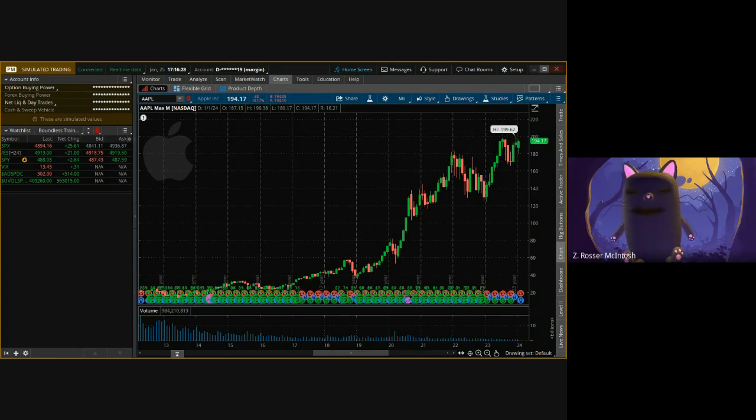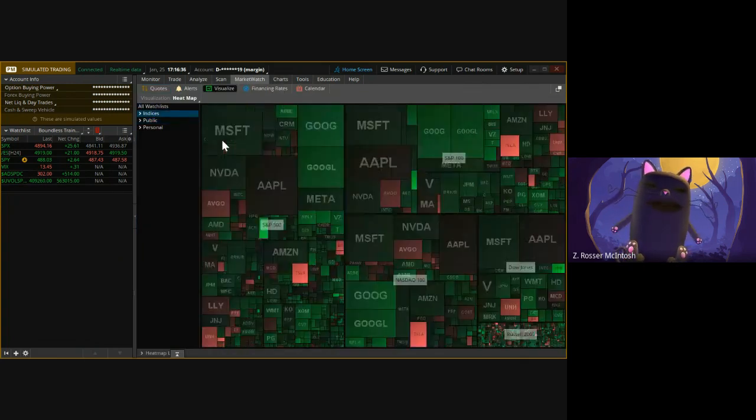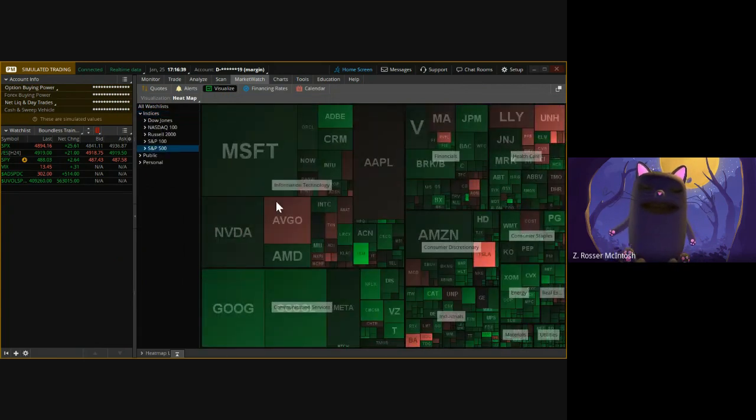Like Apple is solid. If you look at the S&P, again, go back to the Market Watch thing, and we go to indices, S&P 500. We can see that Apple is a very, very solid component of that. They're not going anywhere. NVIDIA is solid. Google is solid.